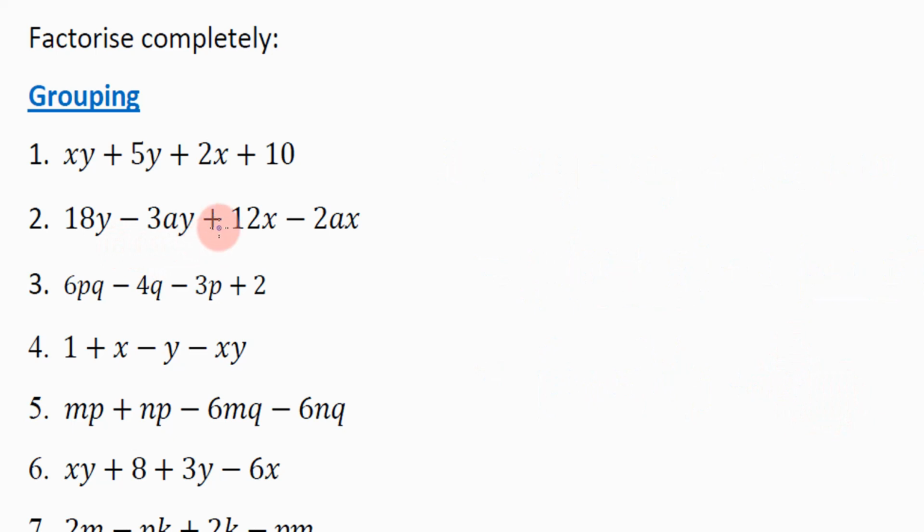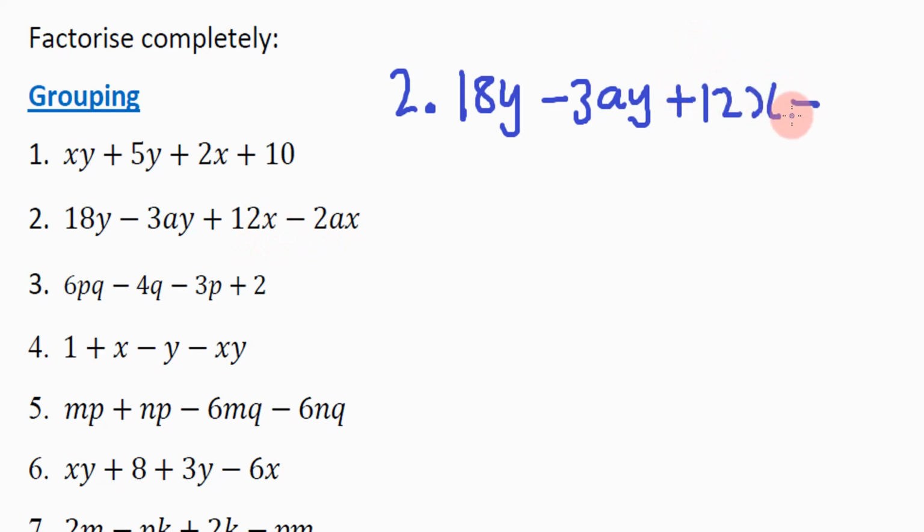Let's look at number 2 here. We have 18y minus 3ay plus 12x minus 2ax.